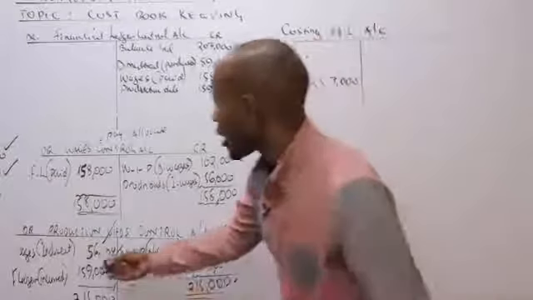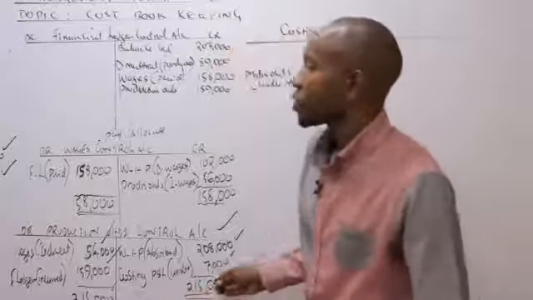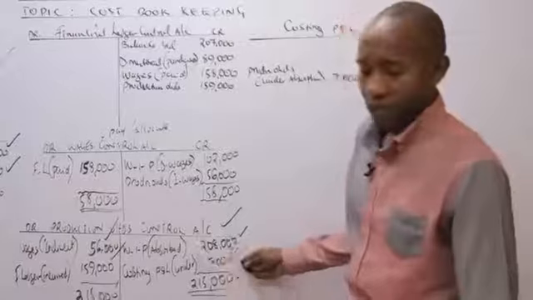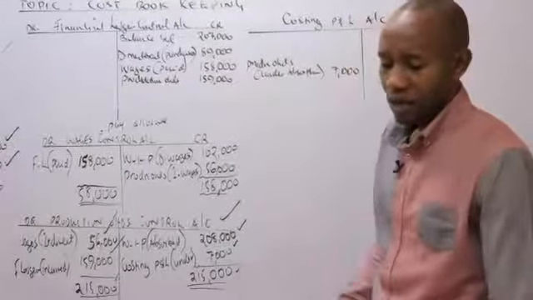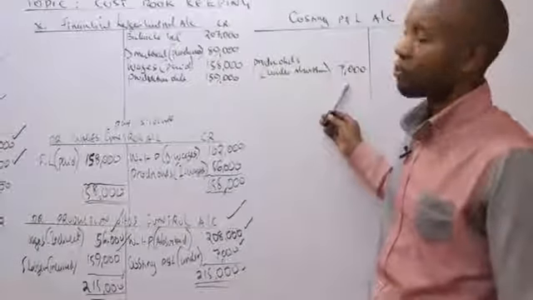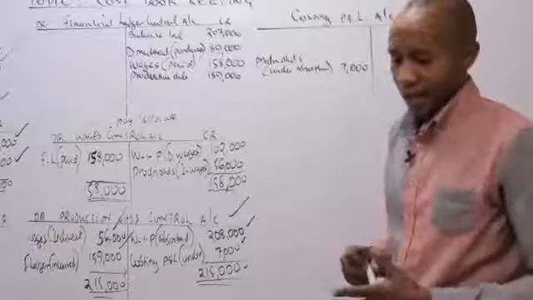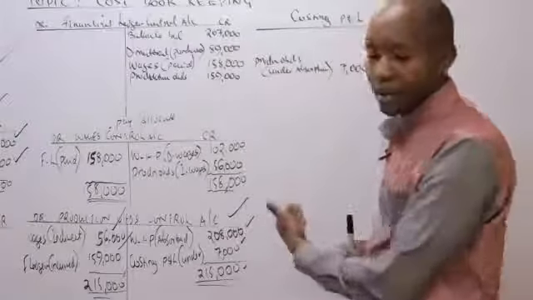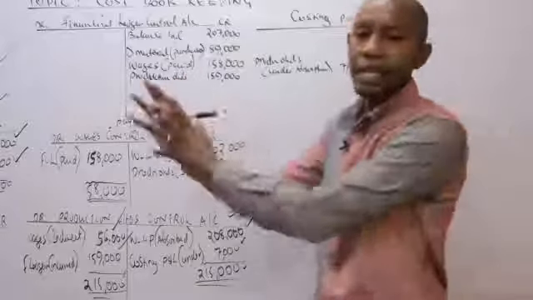So we had actual overheads of 215, but what went to the production overheads is 208. So it leaves us with an under absorption of 7,000, which you take to your profit and loss account, because it's only one. If there were several for production, admin, selling, I would have combined all the three, then taken the net amount.